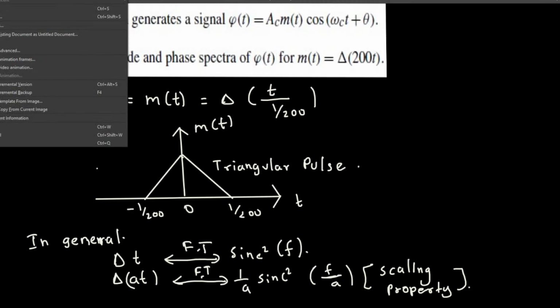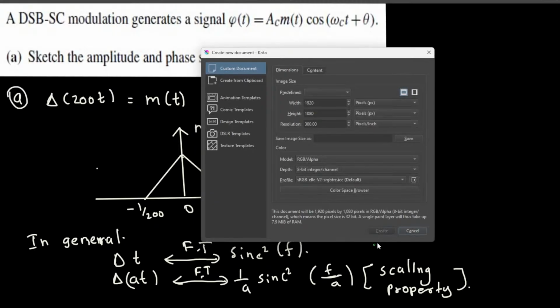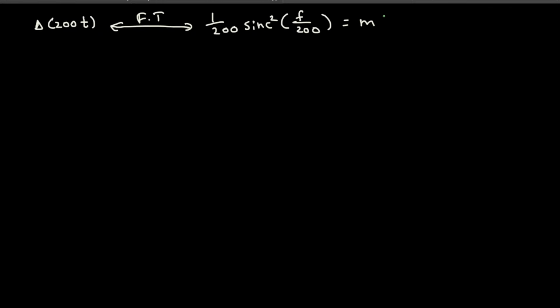Okay, and triangular 200t, the Fourier transform is 1 over 200 sinc square of f over 200, and that is M of f.